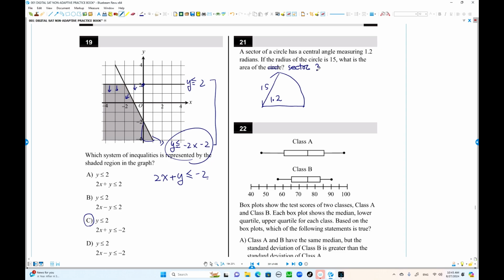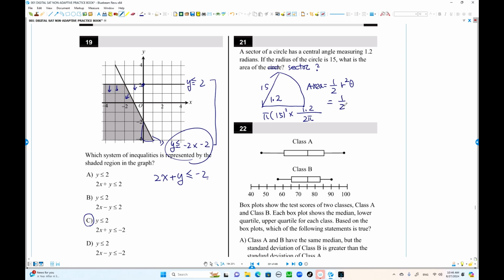So you know the area of the sector equals one half r squared theta, right? That's the formula. If not, you have to find the entire area, pi r squared, but the entire circle occupies 2 pi radians, and this is only 1.2. You can use this too, but if you remember the area of the sector formula, use this one.